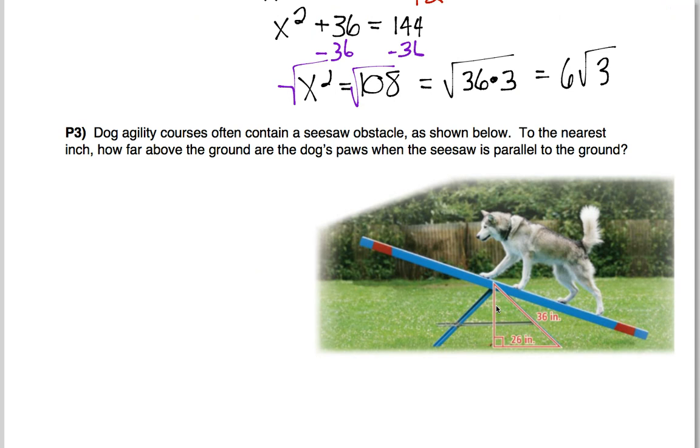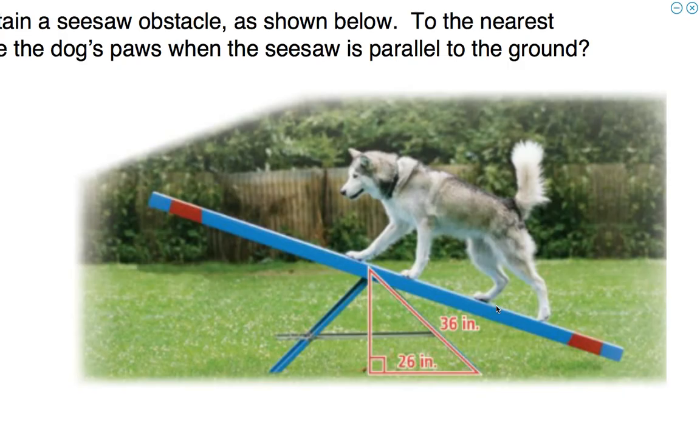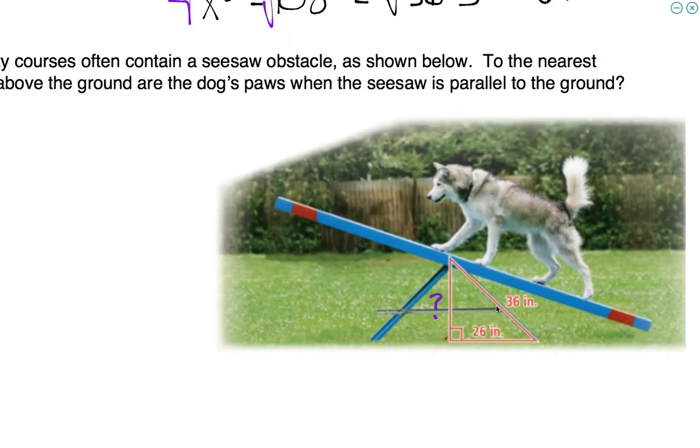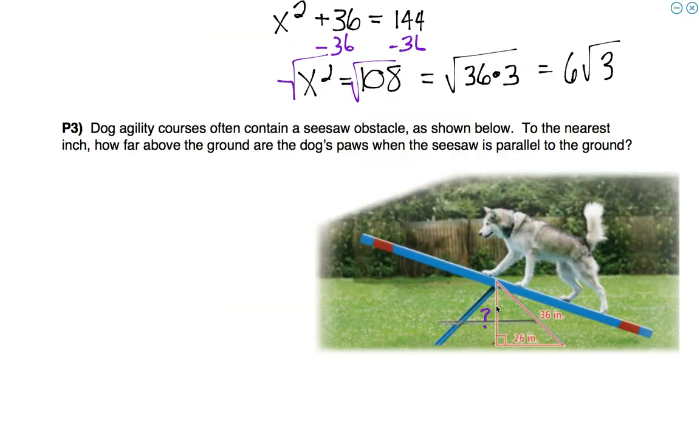Dog agility courses often contain a seesaw obstacle, as shown below. To the nearest inch, how far above the ground are the dog's paws when the seesaw is parallel to the ground? So we're just looking for this right here. So they gave us the hypotenuse, and they gave us one of the legs. So x squared, or question mark squared in this case, plus 26 squared equals 36 squared.